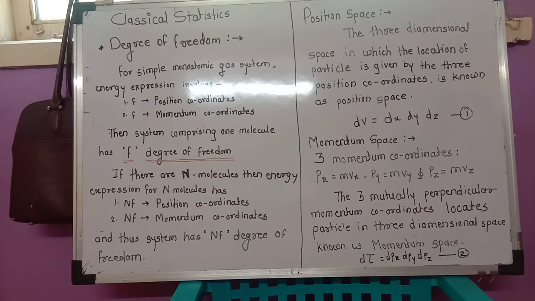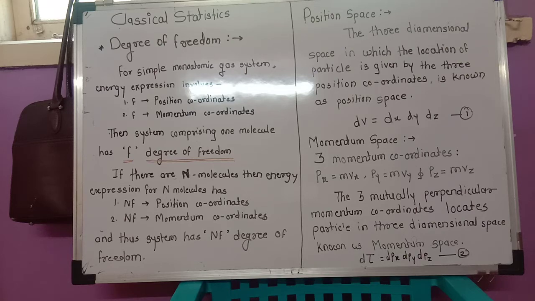Similarly, if the system contains n particles, we must have the knowledge of 3n coordinates. So what is position space?